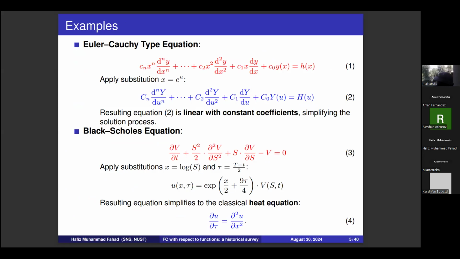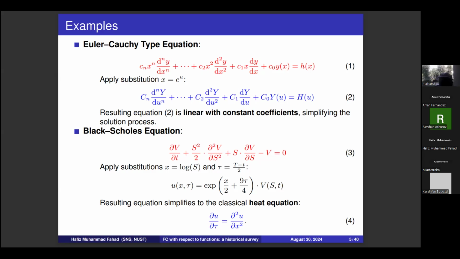But when we apply the substitution, let's say x equals exponential u, the equation transforms into a form with constant coefficients as shown here in equation number 2. So this transformation simplifies the equation significantly, making it linear with constant coefficients and much easier to solve.